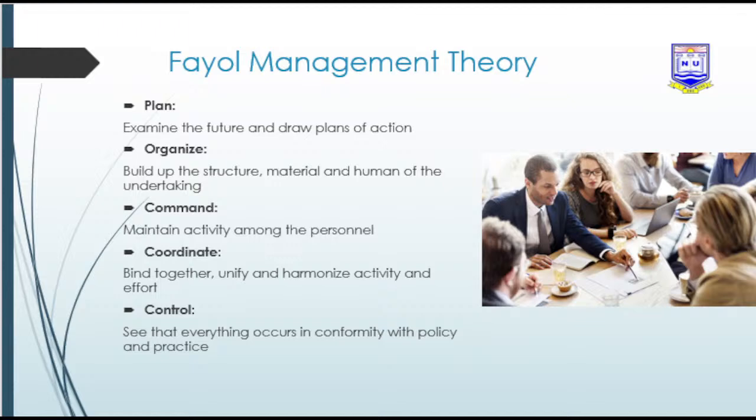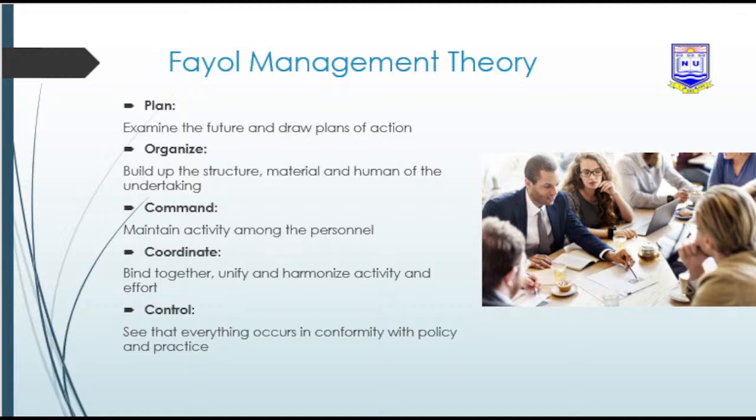He further said, yes, we have the coordination, the command, the organization and the planning, but we also need to control, to have control of all activities that are carried out in an organization. You need to have proper control. Otherwise, if you don't have control over the activities that are happening, you might not realize your goals.